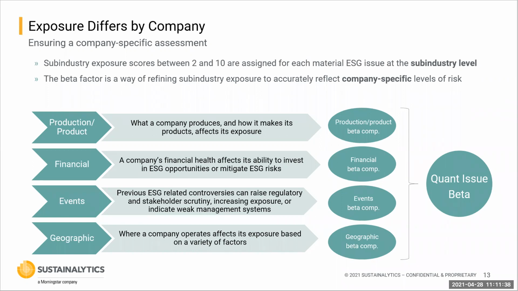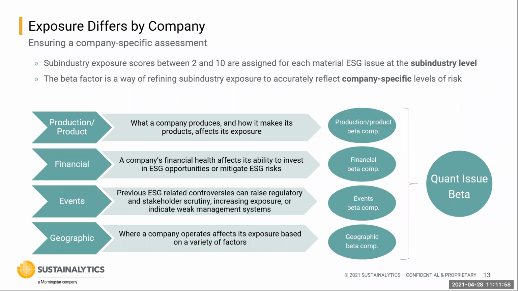Then there's a geographic component in terms of where the company operates, what's its jurisdictional exposure. We also look at financial metrics, and that's from two different perspectives. The first is to understand a company's ability.